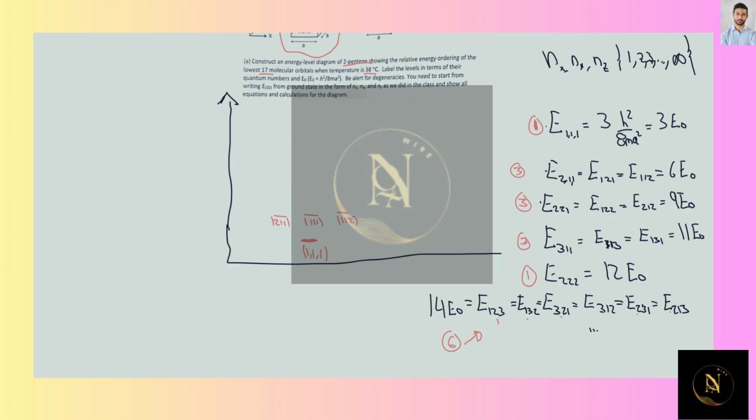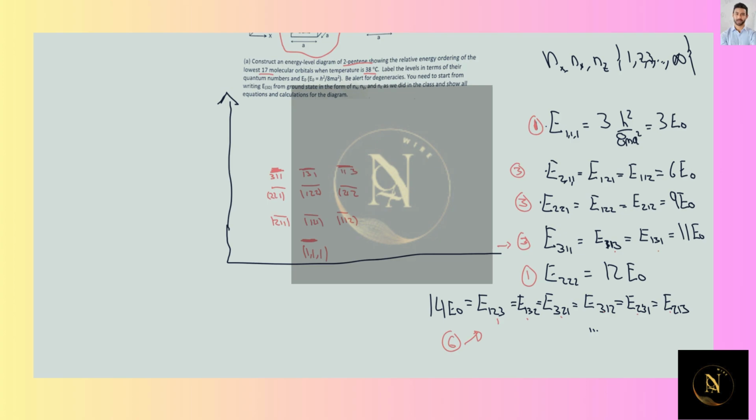Next up, at approximately the same energy difference, we have the states 221, 122, and 212. Next we have another 3 degenerate orbitals, a little bit closer since the splitting is not that much. These 3 orbitals correspond to 311, 131, and 113.